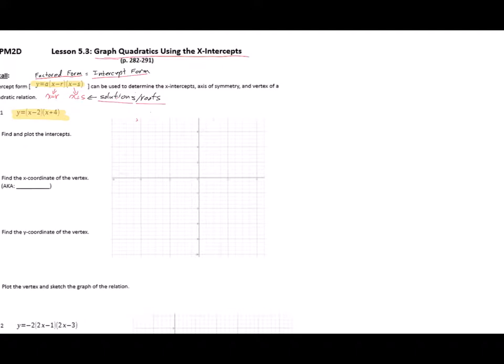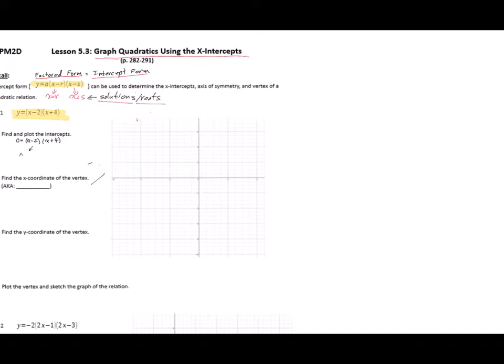We start like yesterday's lesson. If we were just going to use the intercept form, we just go x is negative 2, x is 2, and x is negative 4. But when we want to plot the intercepts, you could also do this. So let's go and do that.